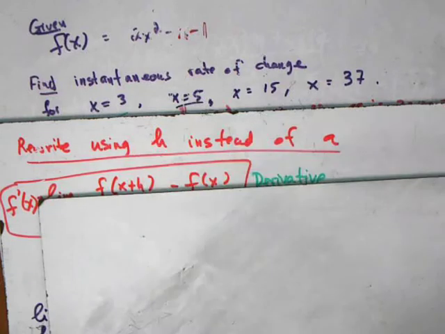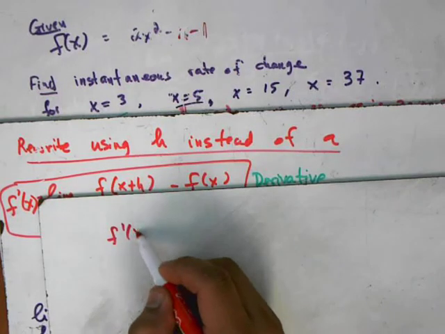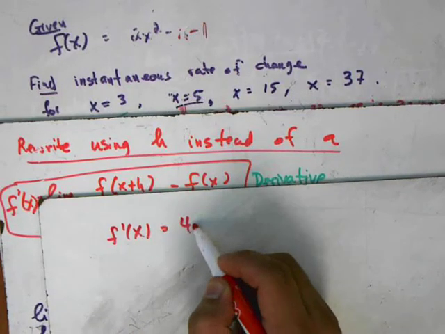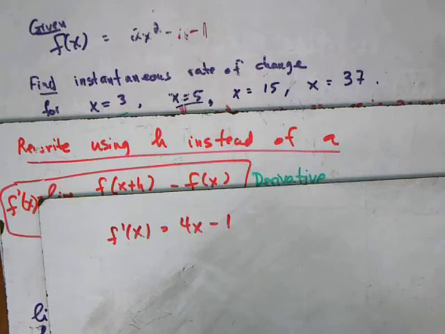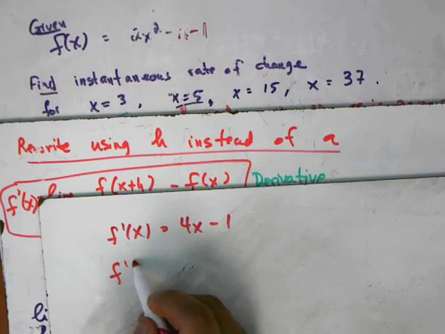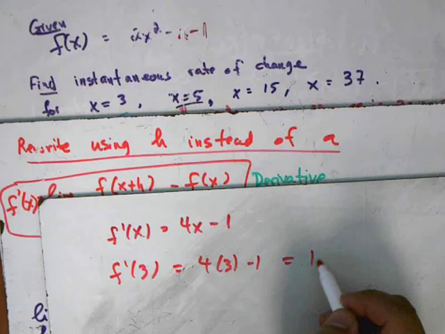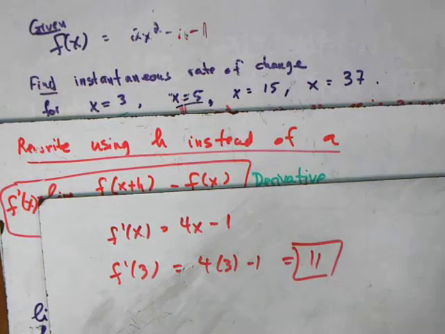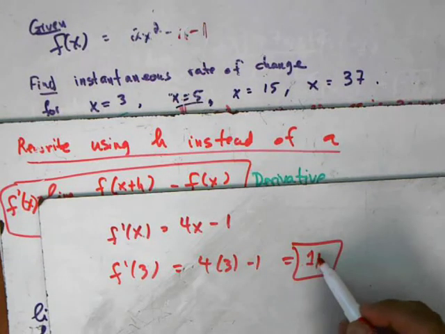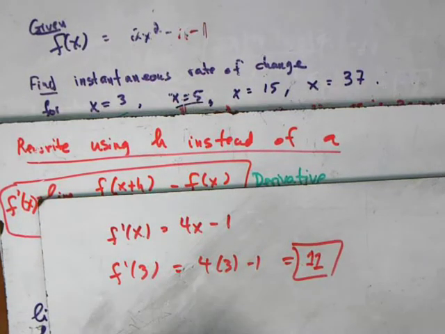So let's try this. I'm going to rewrite this here. So remember f prime here is equal to 4x minus 1. Well, f prime of 3 is equal to 4 times 3 minus 1, which is 11. Go ahead and rewind the video and confirm that this is the exact value that we got before.